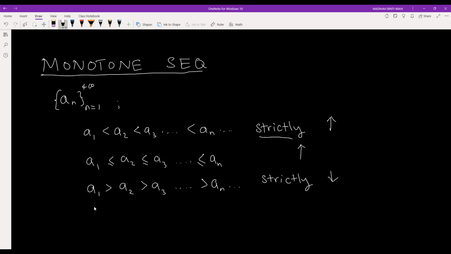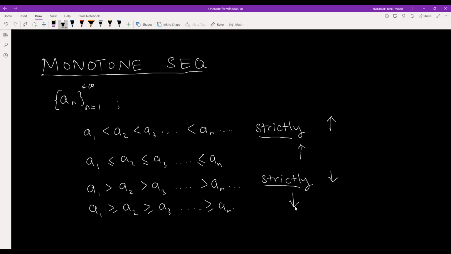Same thing if I have A1 bigger or equal than A2, bigger or equal than A3, and so on. So this is just decreasing. The only difference is the word strictly, which corresponds to the equality sign.